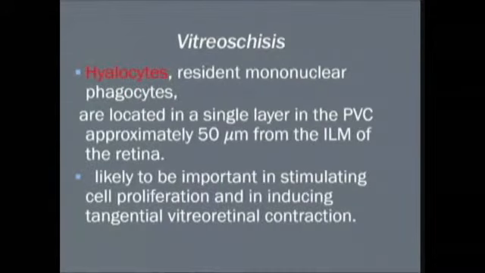There is an important cell which we call hyalocytes. It's a monolayer of phagocytes, a single layer in the posterior vitreous cortex, approximately 50 microns from the ILM. These cells are important in the proliferation and in stimulating contraction.